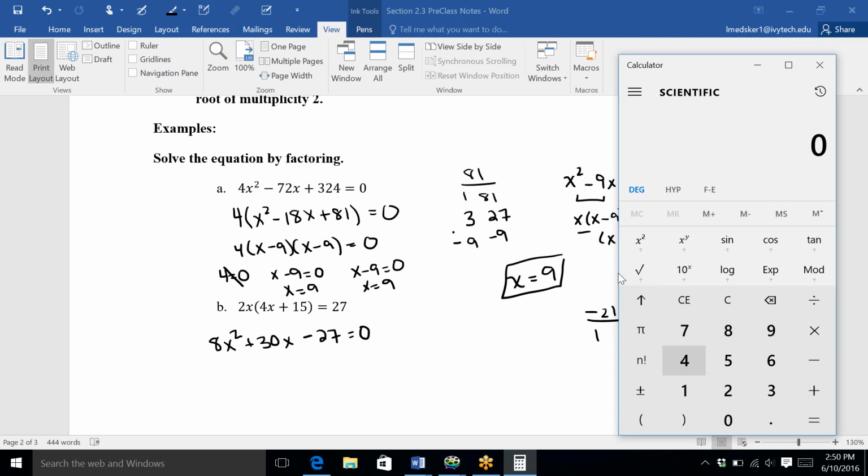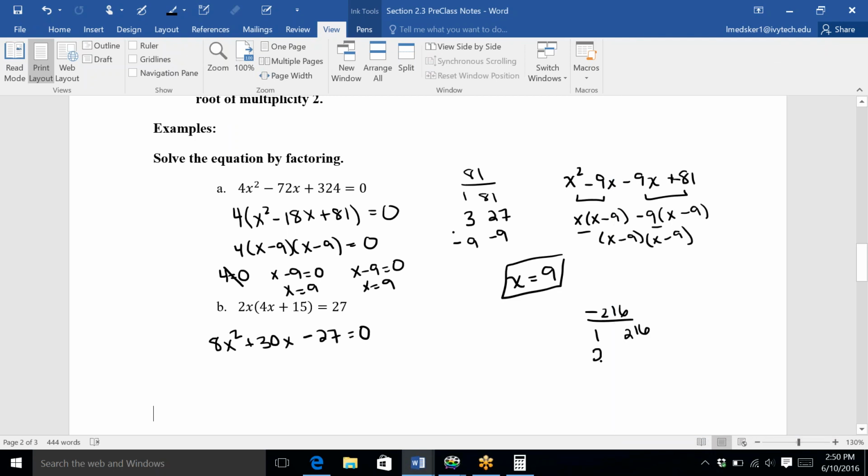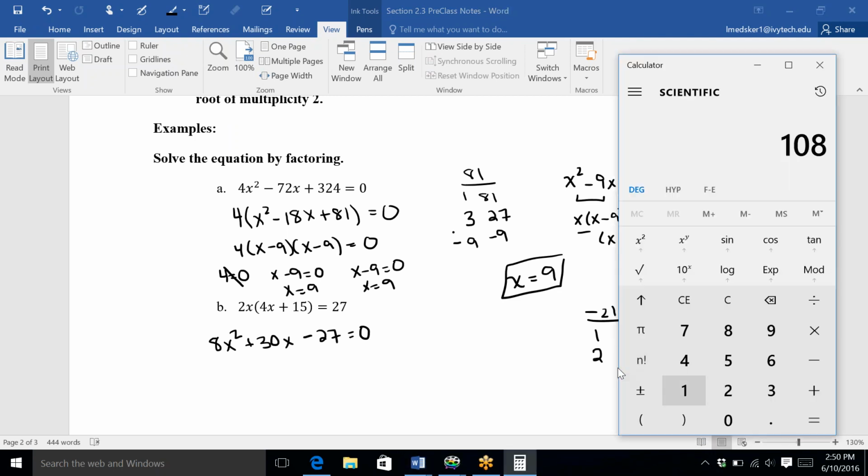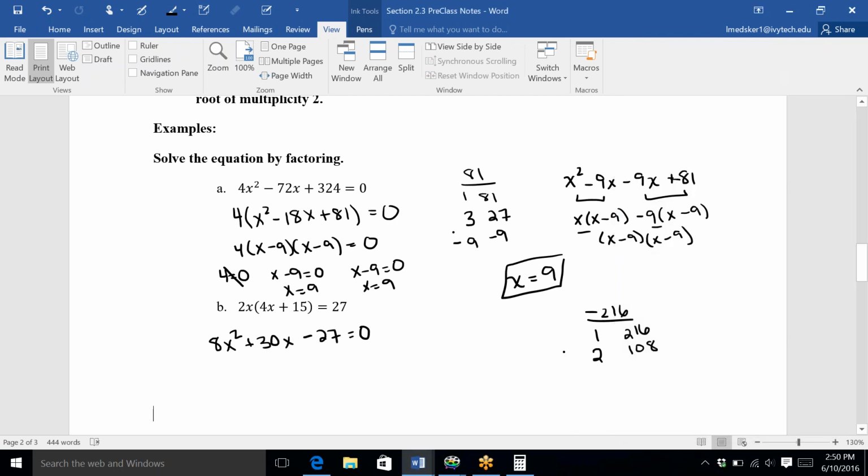216 is obviously divisible by 2. It goes in 108 times. Is it divisible by 3 is the next question. Yep, 3 and 72.